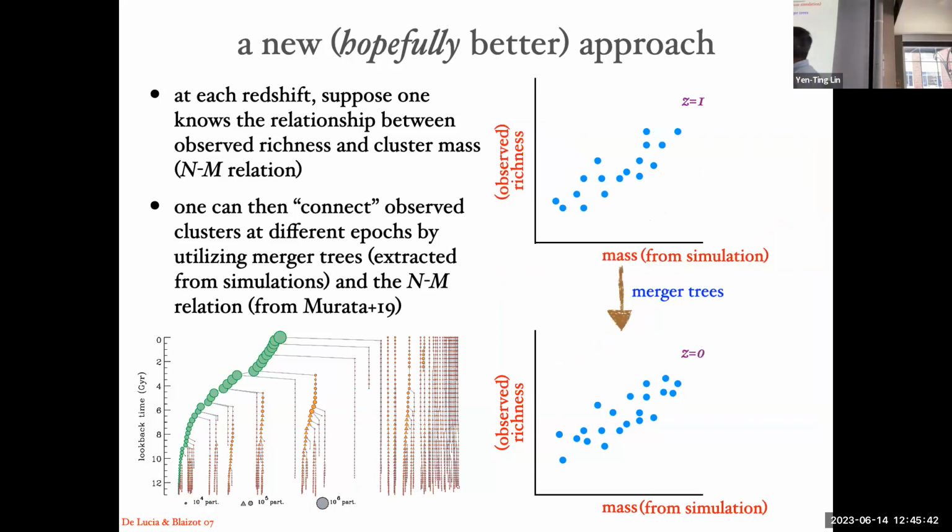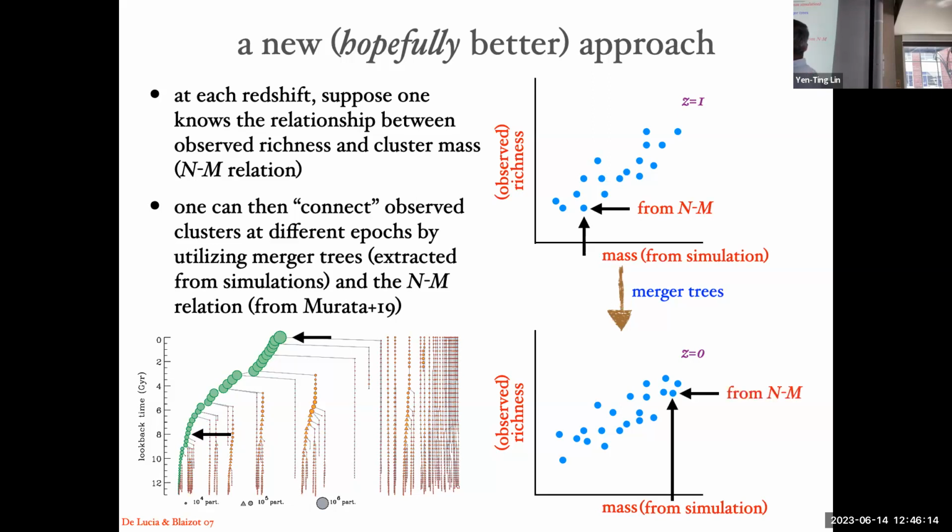So with these two in hand, we can start from any halo along any merger tree. So we know the halo mass. Then using the high-z MN relation, we find a cluster whose richness is closest to the prediction from the MN relation. Then we can follow the merger tree down to lower redshift, and then we know the halo mass.